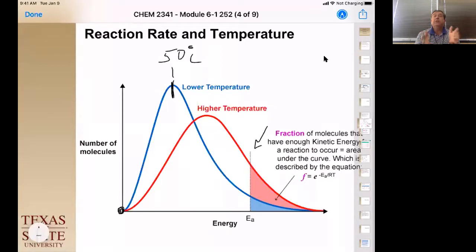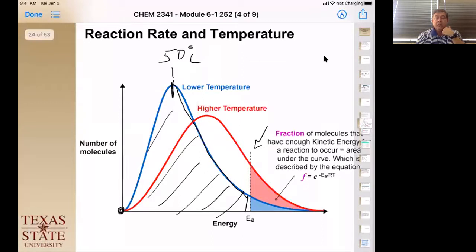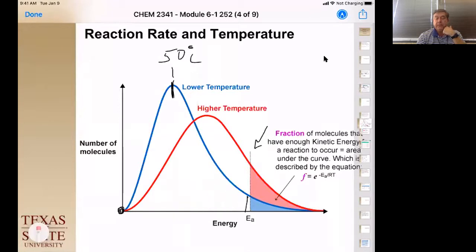So that means most of the molecules do not have enough energy to even begin to form that transition state, okay? Only those few molecules right here under this curve have enough energy to form that transition state. Therefore, only the ones that can form the transition state will go down and give us products. Okay. Now, by raising the temperature 10 degrees right here, our weighted average changes.